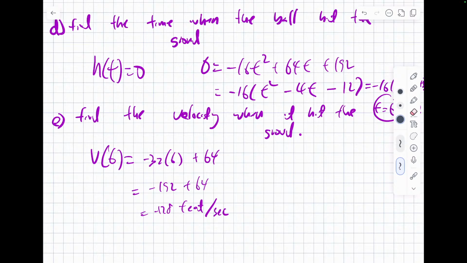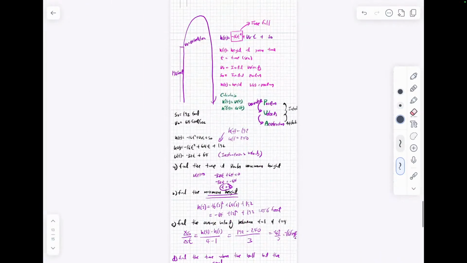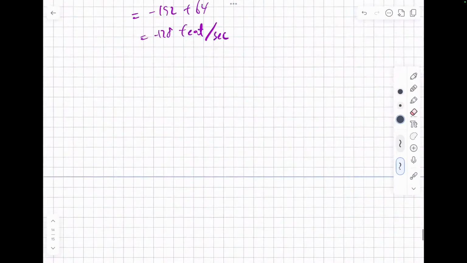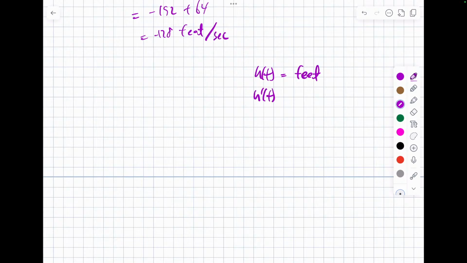Yes. How do we know when to use feet per second or feet per second squared? Acceleration is going to be feet per second squared. If you think about it, right? That's a good question. Since you mentioned that, that's a great question to talk about. The h of t is going to be feet, right? h prime of t, which is a velocity, is going to be feet per second, right?